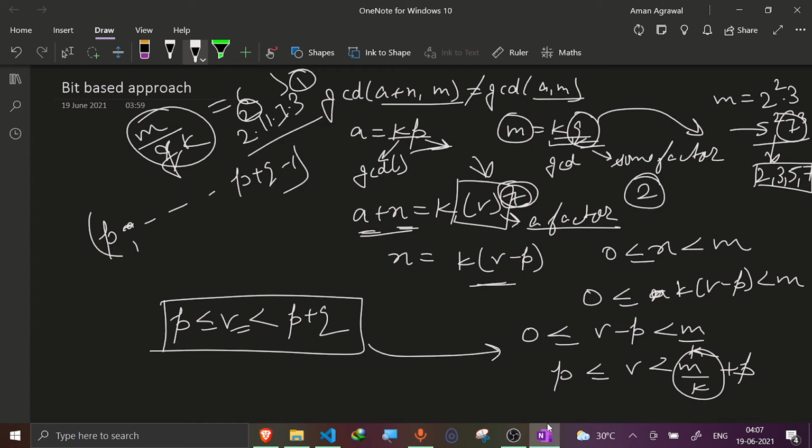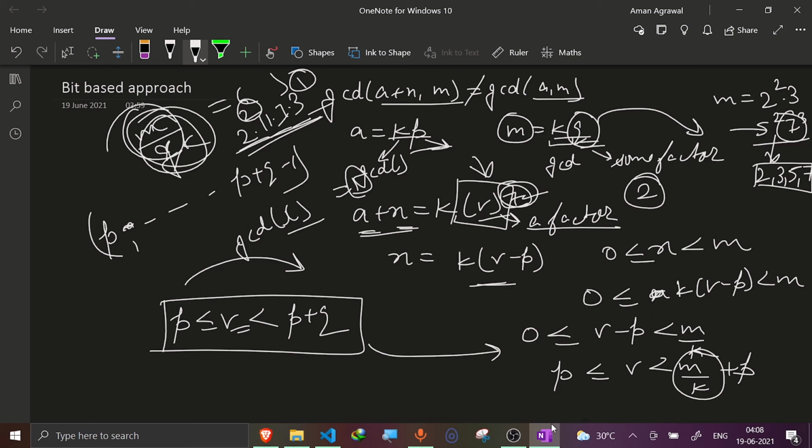So now from all the numbers between p to p plus q, if I remove all the numbers that are multiples of 2, 3, 7, 11, then I would get only those numbers which aren't divisible by any of these, and hence the GCD of those numbers with this m by g would be equal to 1. That is, this m by g and this r wouldn't have anything common in them.